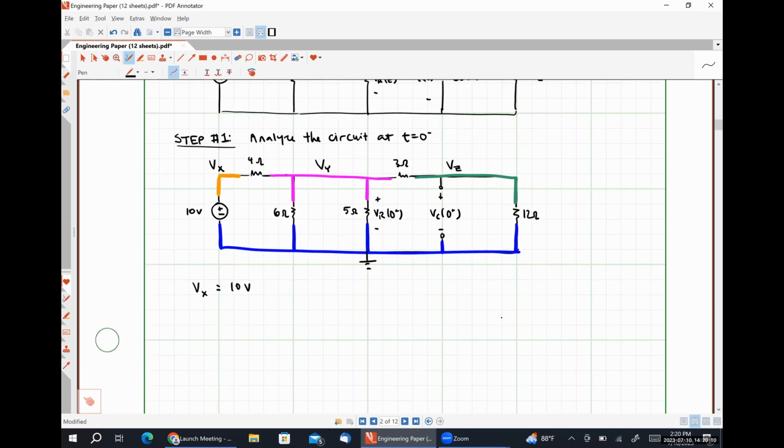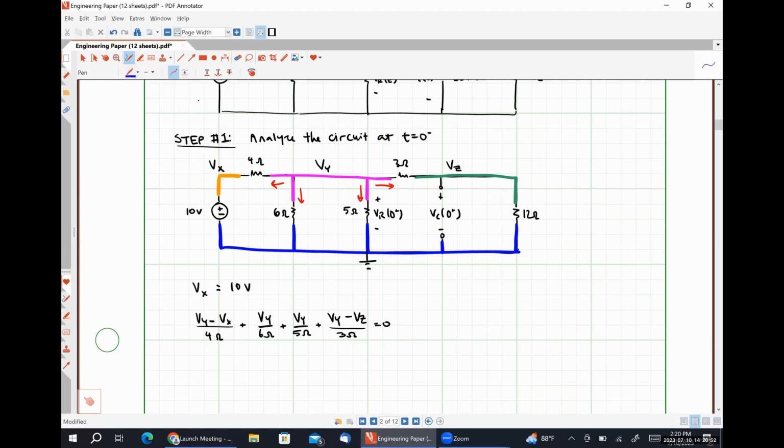Performing KCL at node Y is going to give me Vy minus Vx over 4 ohms plus Vy over 6 ohms plus Vy over 5 ohms plus Vy minus Vz over 3 ohms. Set this equal to 0. So just to be clear here, all I'm doing is I'm adding this current, this current, this current, and this current with those indicated directions together.